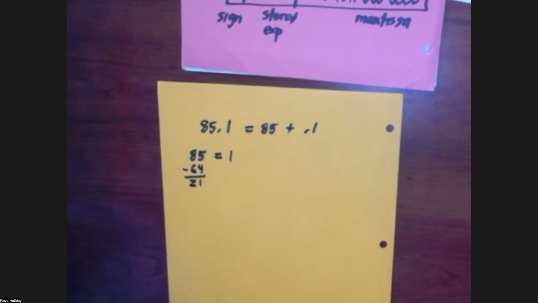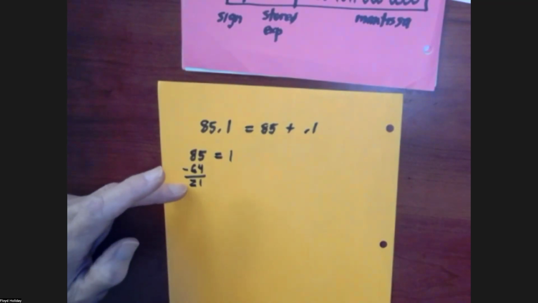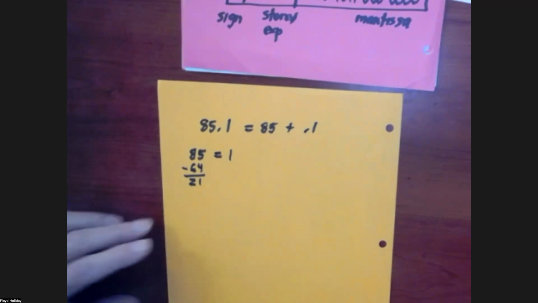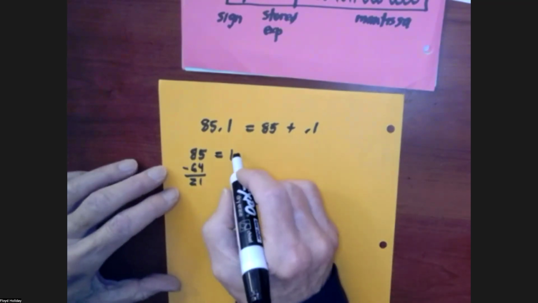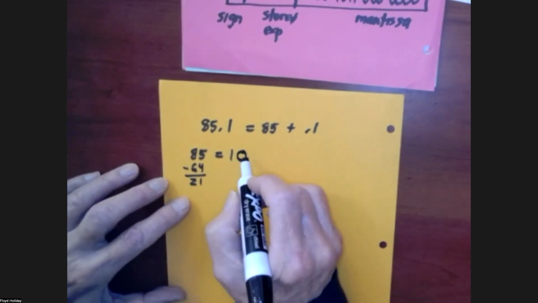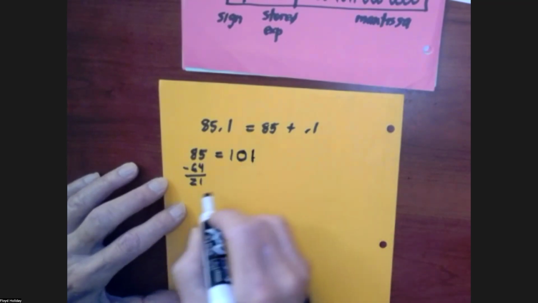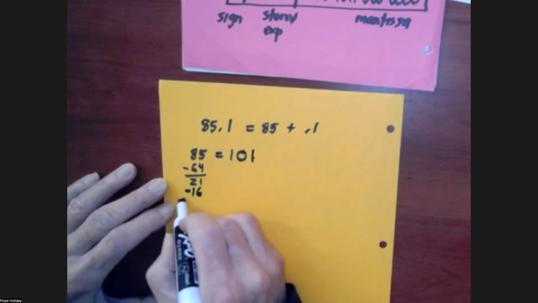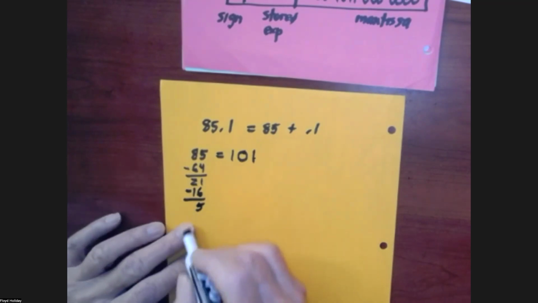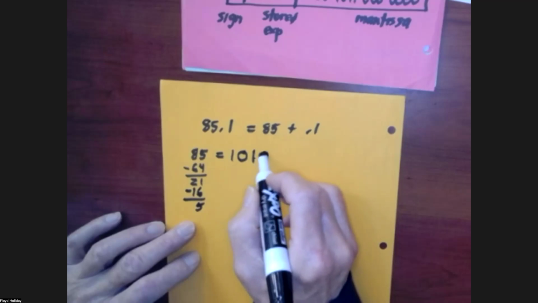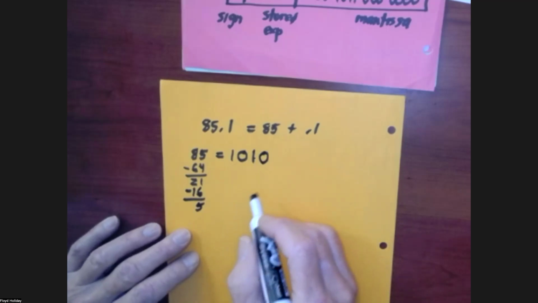Then what's the largest power of 2 less than or equal to 21? We know it's 16, but we skip over 32 in the middle. And we come to 16. Yes, 16 is less than or equal to that, so you record it, subtract 16. The next power of 2 is 8. It's too big. You record it as 0. The next power of 2 is 4.